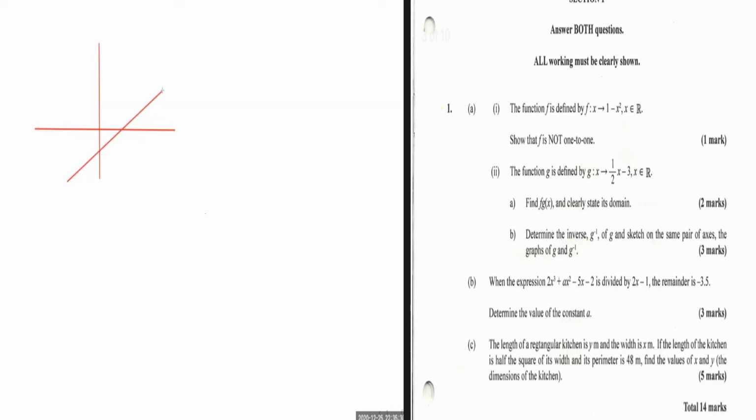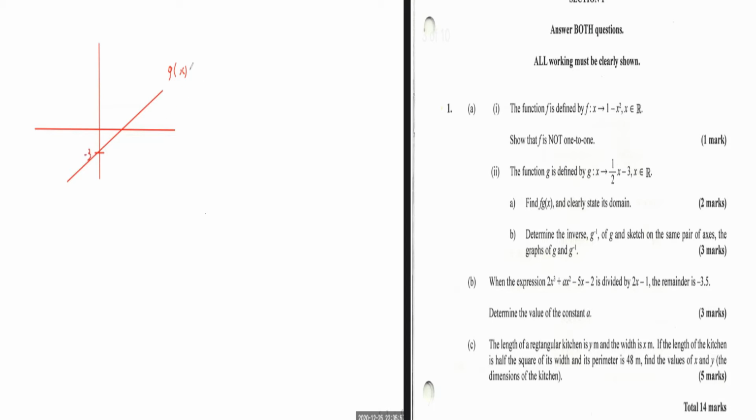So it looks something like this. This is going to be g of x. It cuts the y-axis at minus 3.